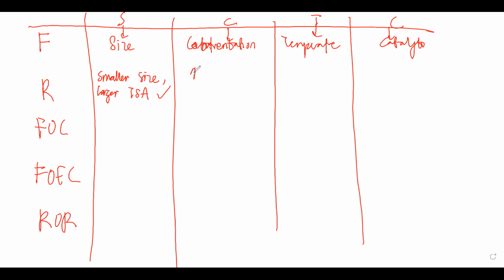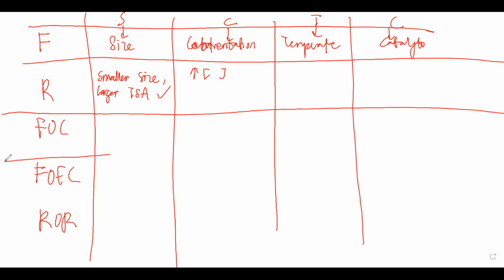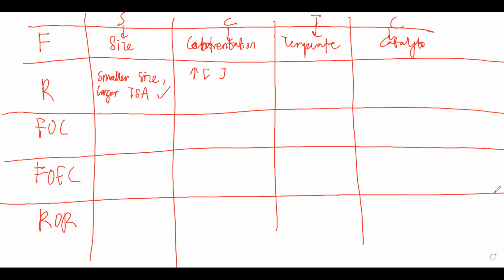Okay, let's go to concentration. The higher the concentration, what's my reasoning? The higher the frequency of effective collision. Wrong. That's not reasoning. I haven't gone to frequency of collision yet. I'm still doing reasoning.